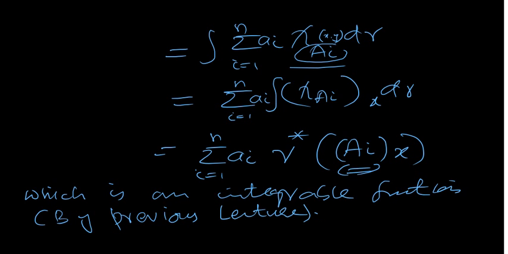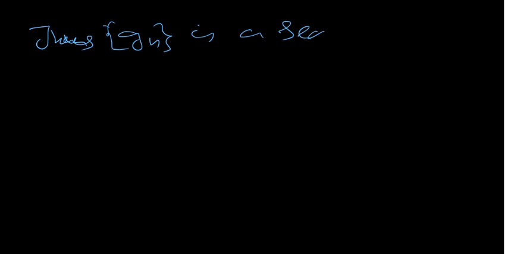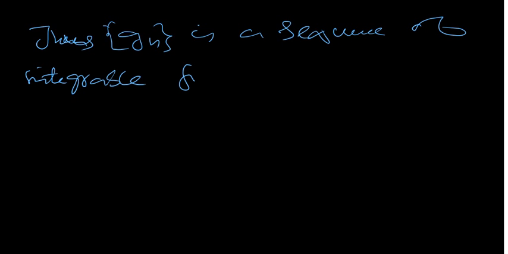Okay, so thus Gn is a sequence of integrable functions over x. Thus Gn is a monotonic increasing sequence of integrable functions, and they are monotonic increasing because phi is monotonic increasing.